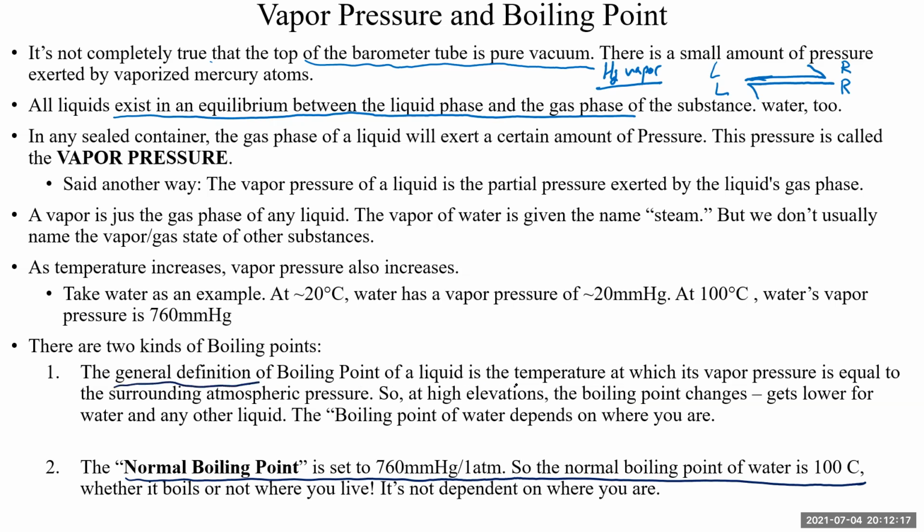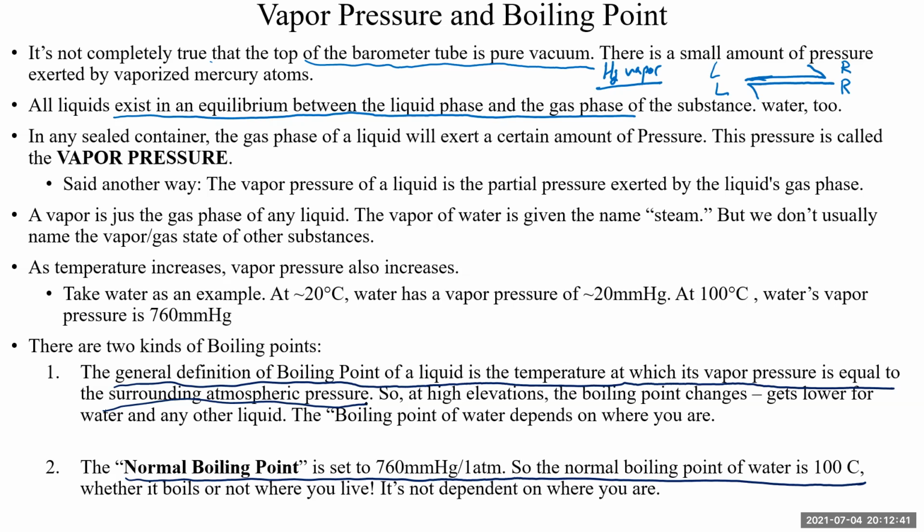However, the general definition of boiling point of a liquid is the temperature at which its vapor pressure is equal to the surrounding atmospheric pressure. So if you are on Mars, for example, the boiling point of water would be something very, very cold. Water would probably boil at room temperature or colder because the atmosphere on Mars is about 1/6 of what it is here.